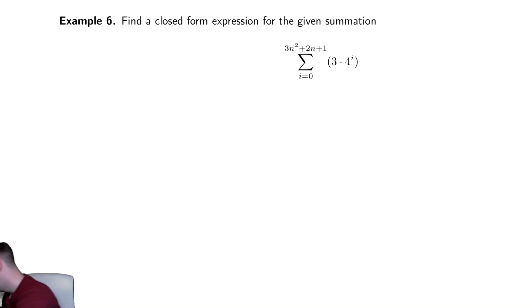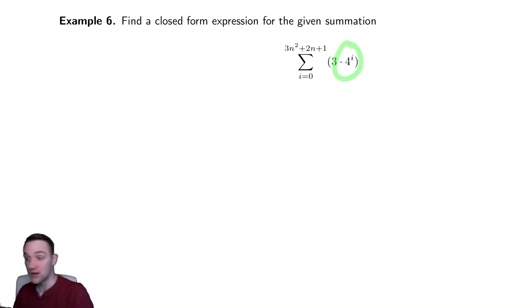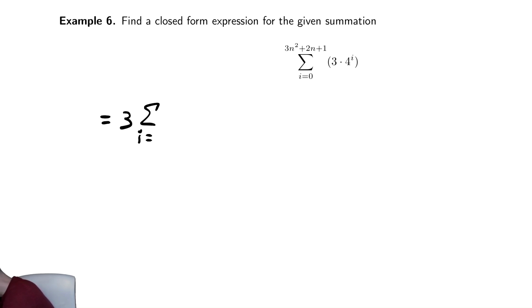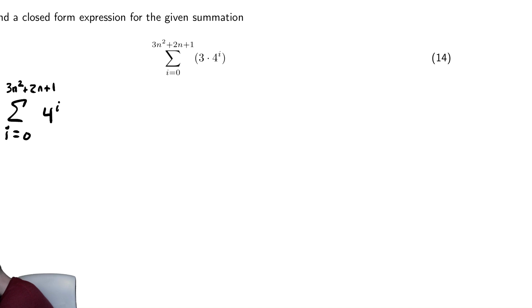Notice first that this is a geometric looking sum. We have a number raised to the i, so we're going to try to use our finite geometric sum formula. This is equal to, you can factor constants out using linearity like we did in the previous problem, 3 times the sum as i goes from 0 to that top bound of 3n squared plus 2n plus 1 of 4 to the i. We can then use another known formula as we did in the past.